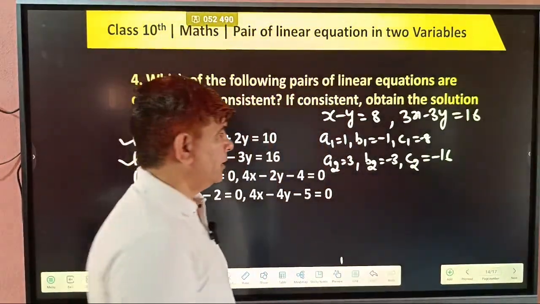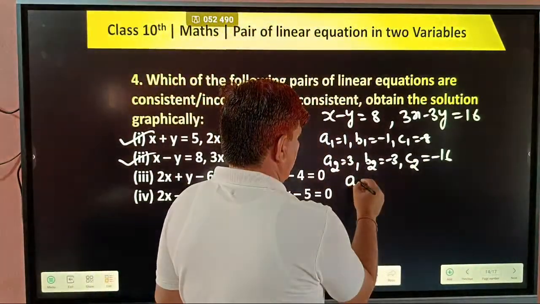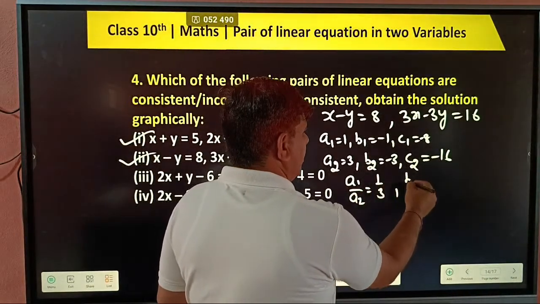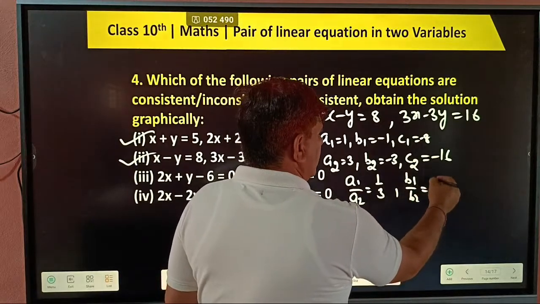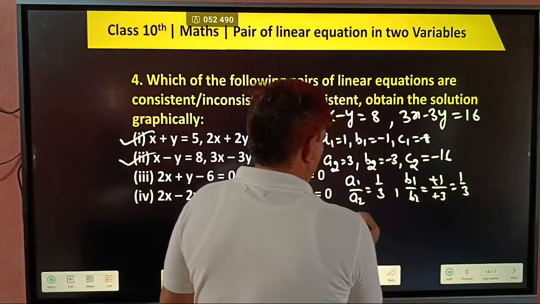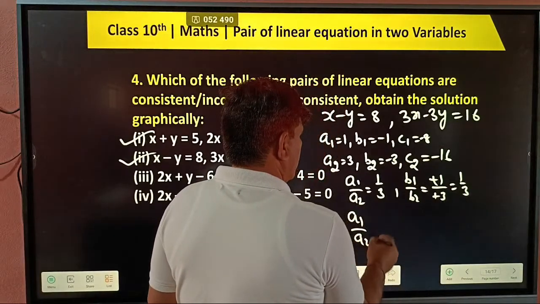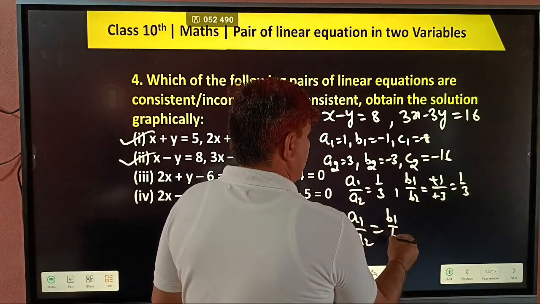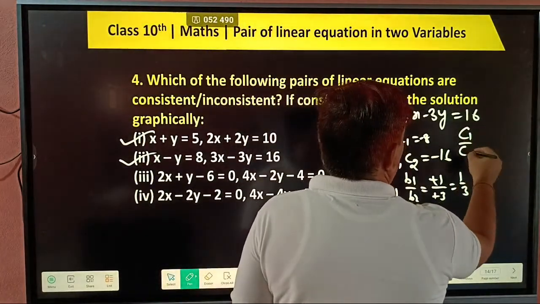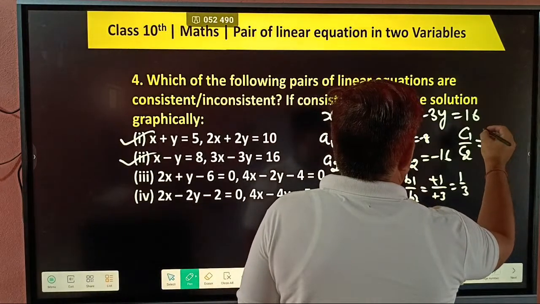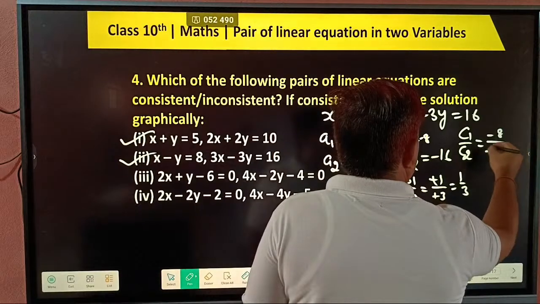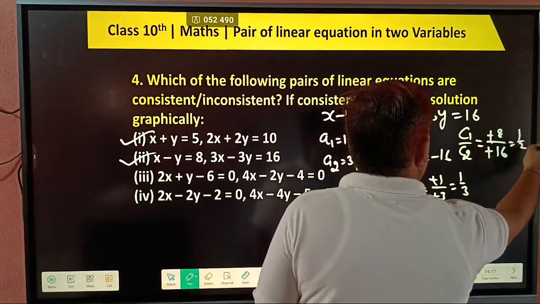If you find a1 by a2, it is 1 by 3. b1 by b2 is minus 1 by minus 3, which is equal to 1 by 3. It means a1 by a2 is equal to b1 by b2, and c1 by c2 is minus 8 by minus 16, which cancels out to 1 by 2.